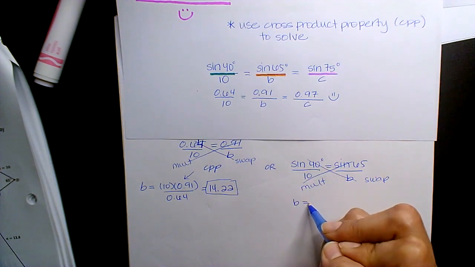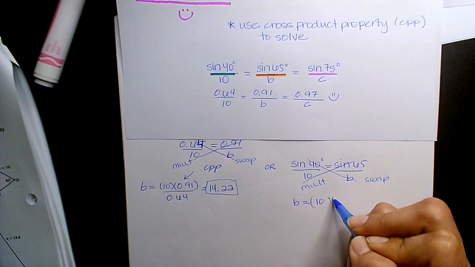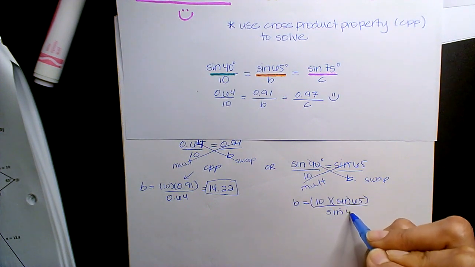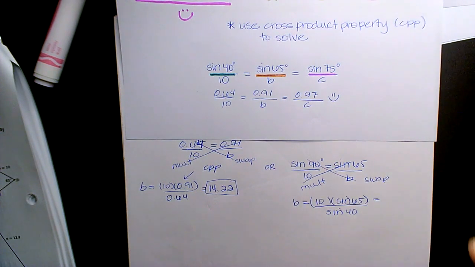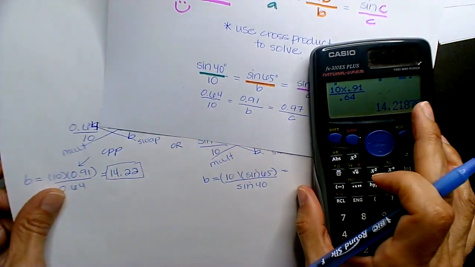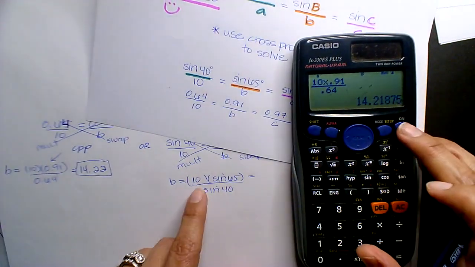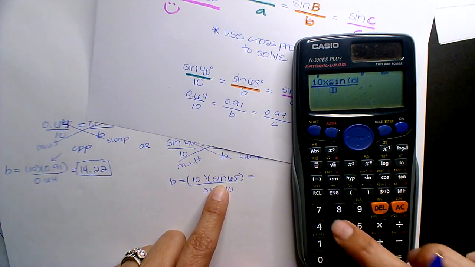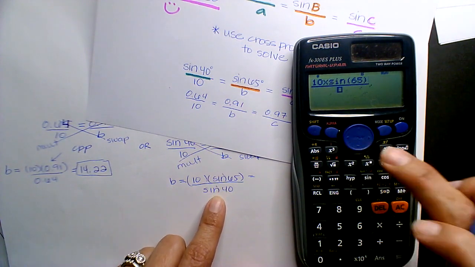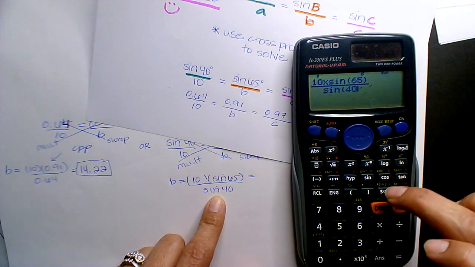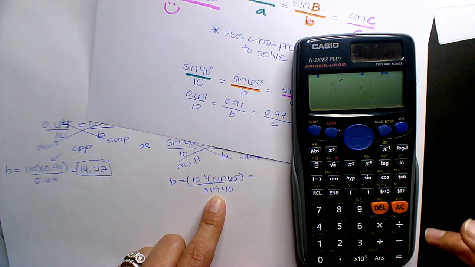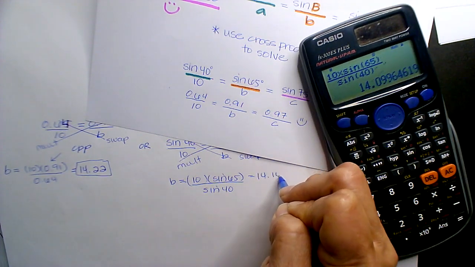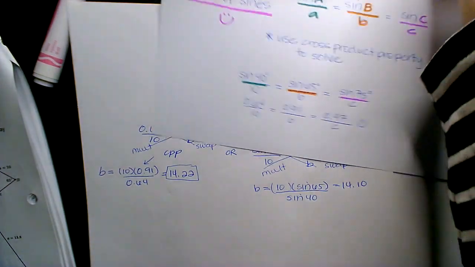So I get B is equal to 10 times the sine of 65 all over the sine of 40. And if I put that in the calculator, I get 10 times sine of 65 divided by sine of 40, and I get 14.09.